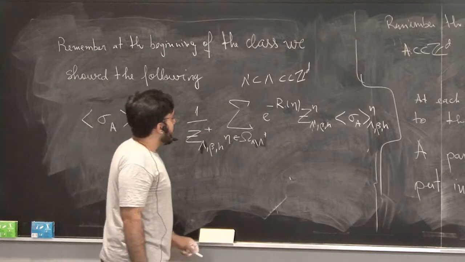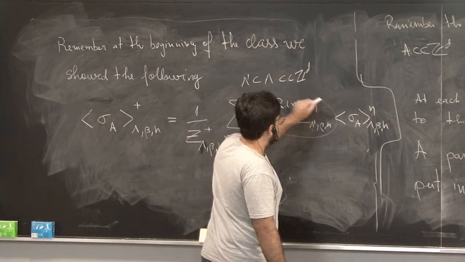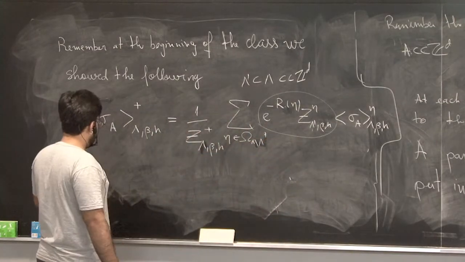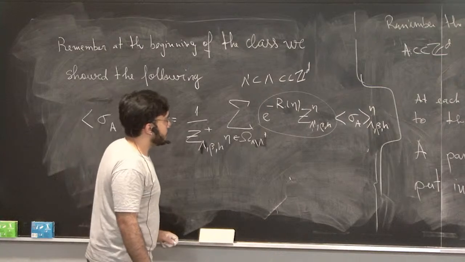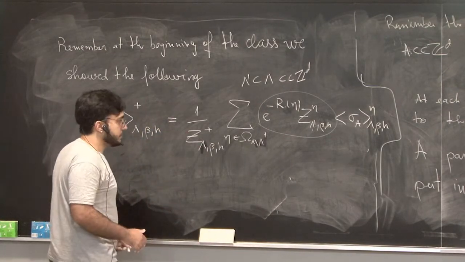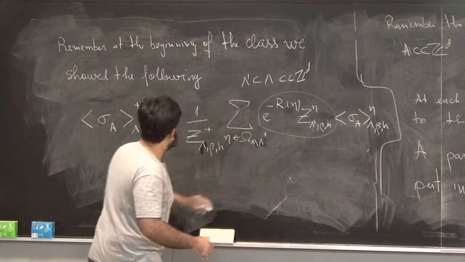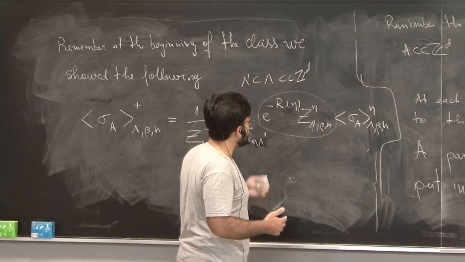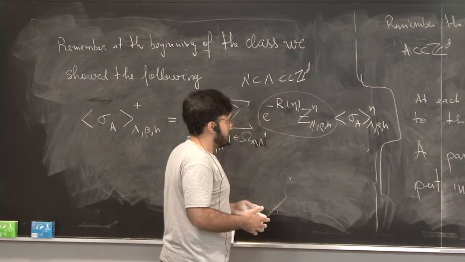But what happens if we open all of this expression right here? We can use the decomposition of the Hamiltonian with plus boundary condition to recover that Hamiltonian again.